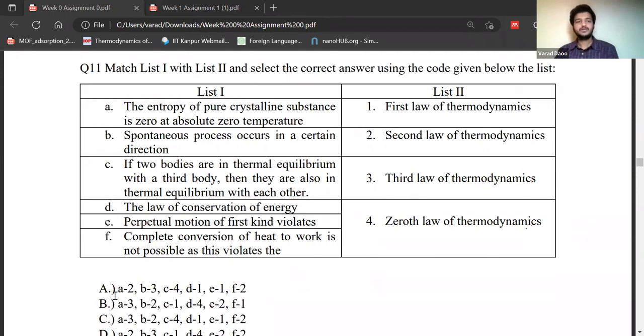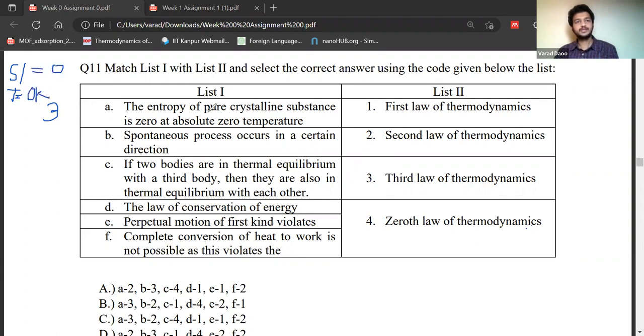So what is the first law of thermodynamics? Entropy of pure crystalline substance is 0? No, we know that this is the third law. Like I said, entropy at absolute 0 Kelvin is equal to 0.